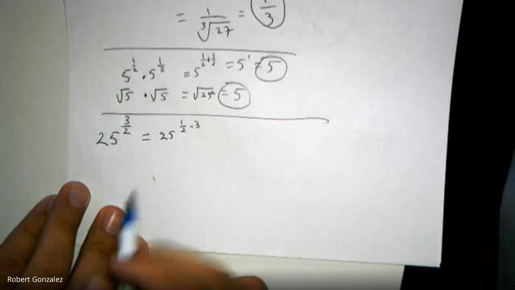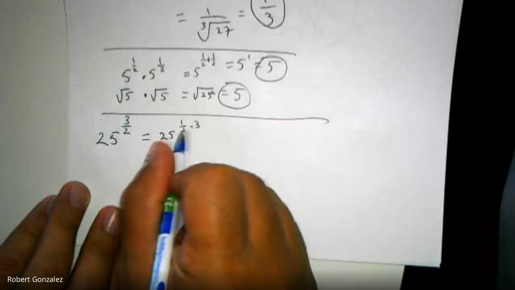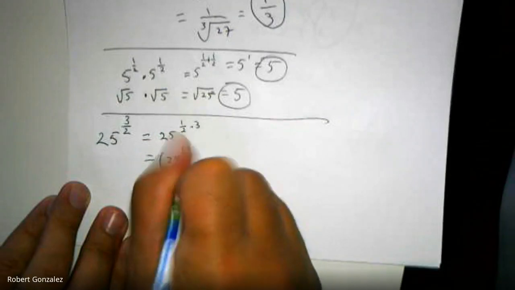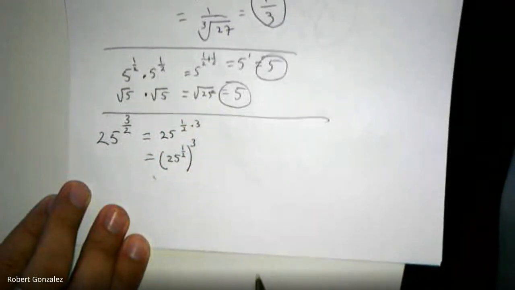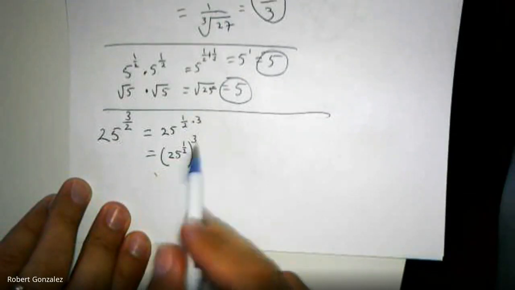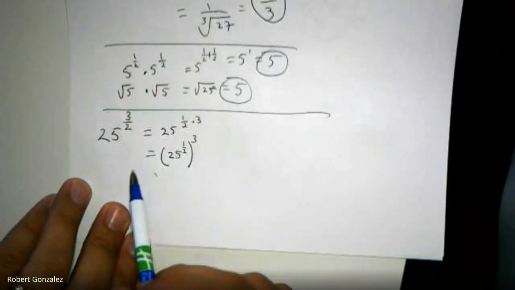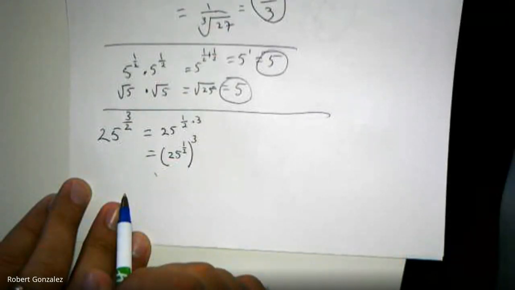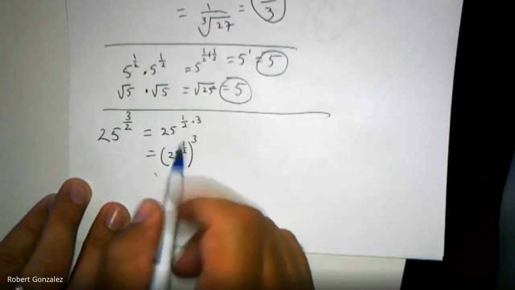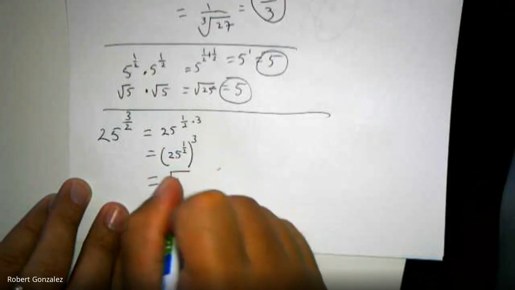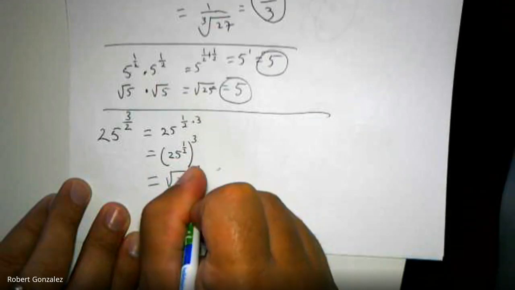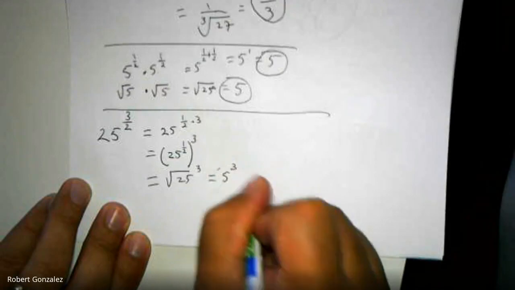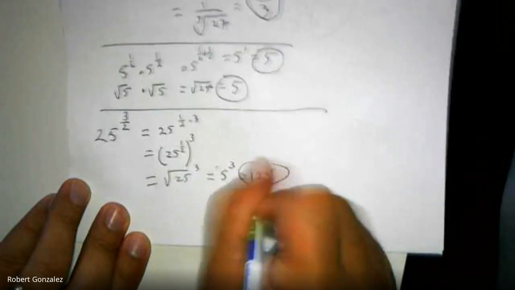And now if I have a product here, I can put the lower one into parentheses and raise that to the third power. This already shows us what the numerator does. The bottom is the root and the top is the power. When I see the root here, I'm going to get radical 25. Whatever my answer is, I'm going to raise that to the third power. Gives me 5 to the third, or 125.